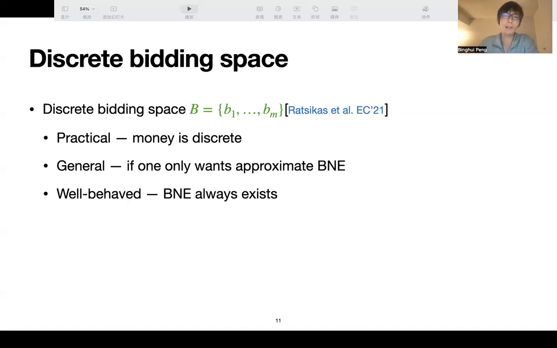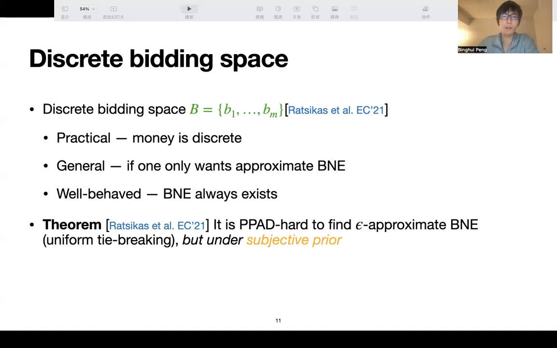And this change is actually very practical, because in real life, money is discrete, not continuous. And also it's very general, because if one only wants to approximate Bayesian equilibrium, then this is without loss of generality, because one can always discretize the bidding space. And lastly, on the discrete bidding space, the problem is quite well behaved. For example, Bayesian equilibrium will always exist with discrete bids, because it's a finite action game.